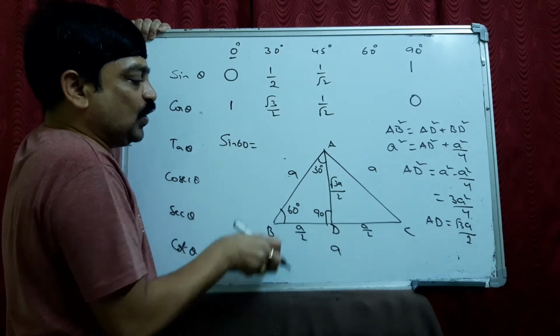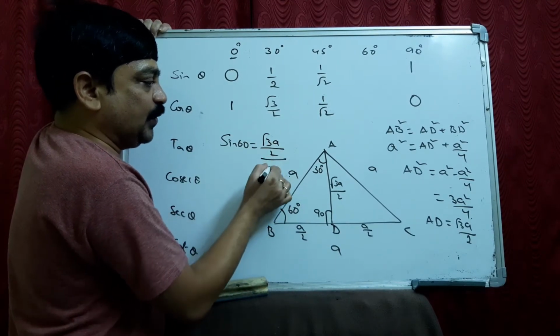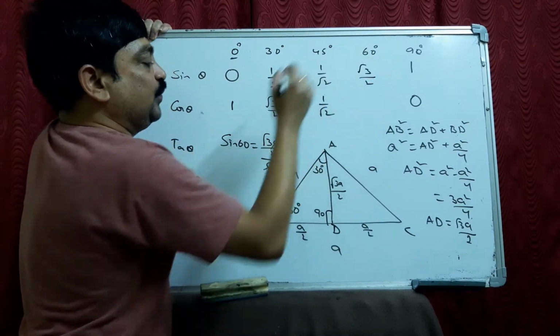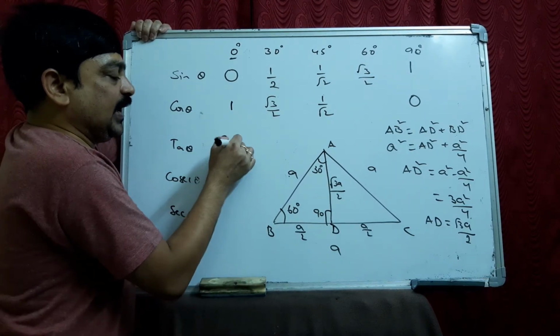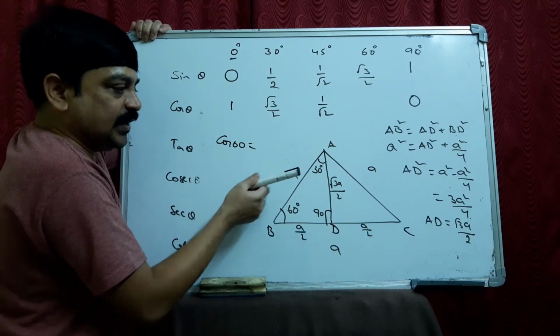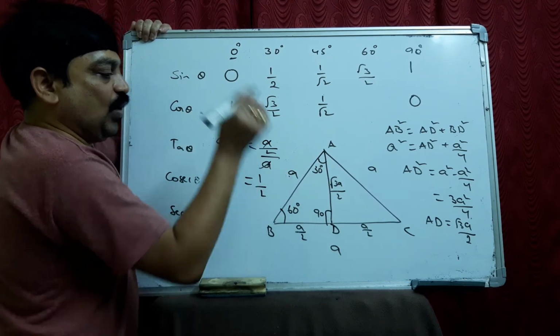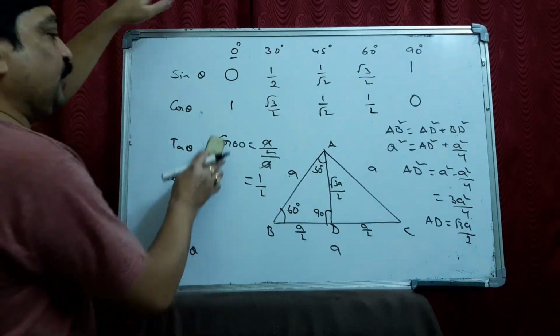Opposite to 60, root 3A by 2 by hypotenuse A. You can cancel these two. It is root 3 by 2. And cos 60, adjacent side by hypotenuse, A by 2 by A, it becomes 1 by 2.